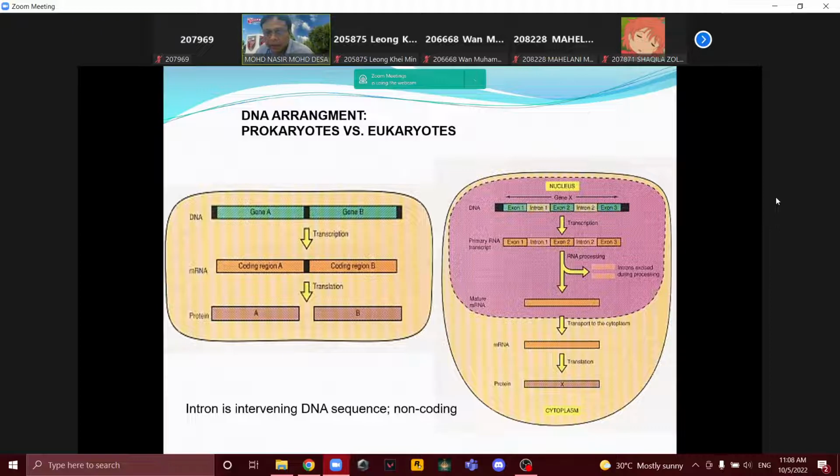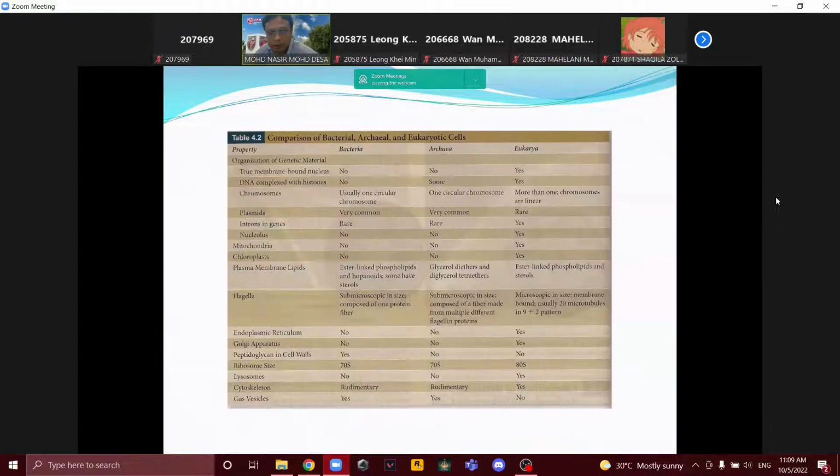And of course, because they are segmented, after the introns are removed, all these fragmented exons will have to be combined to form a single piece before they are ready to be translated into messenger RNA. And messenger RNA will be transported out. Outside, there is other machinery waiting, the ribosome, to translate the messenger RNA into proteins.